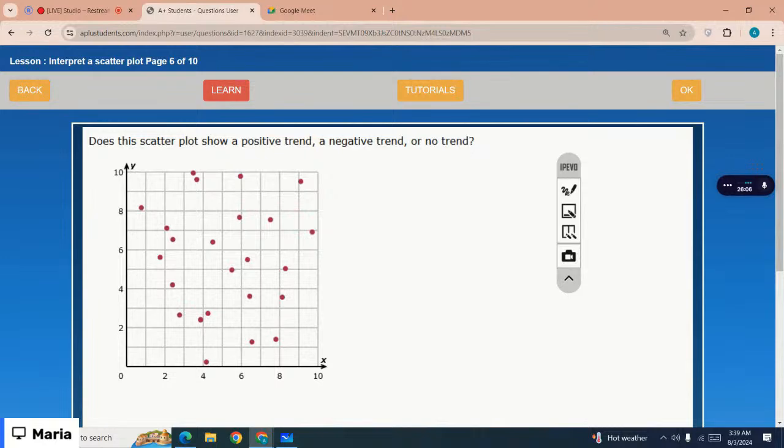Yes, no trend, right? The values are scattered. So the correct option is no trend.